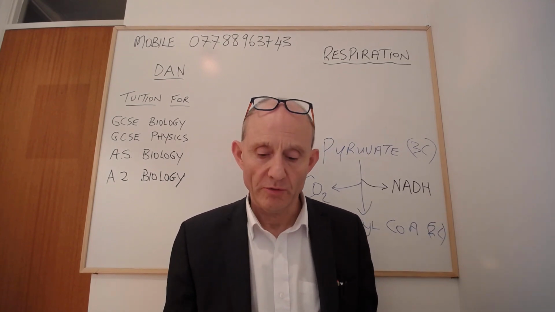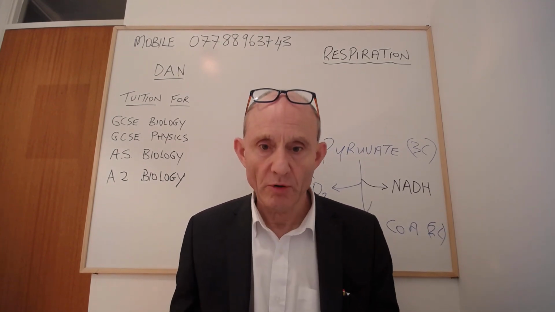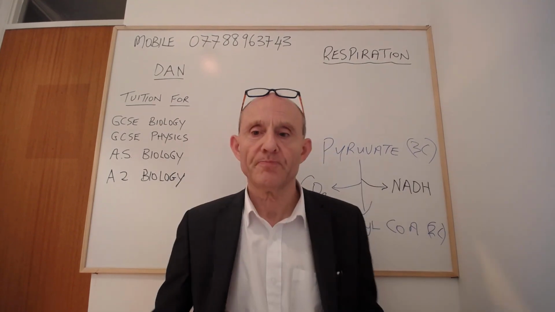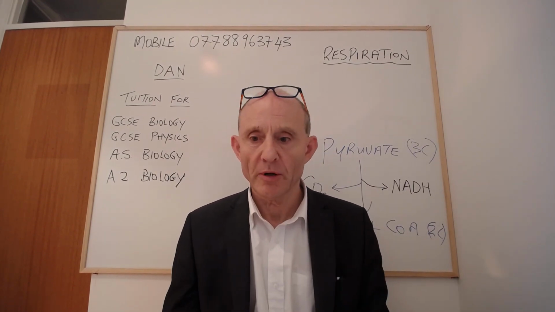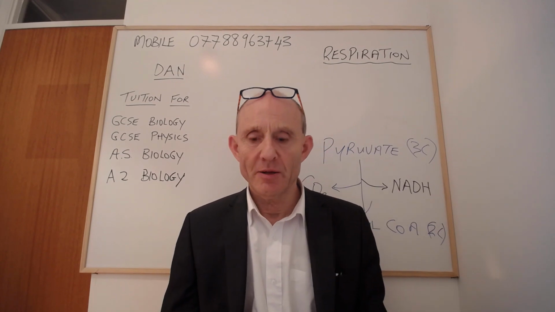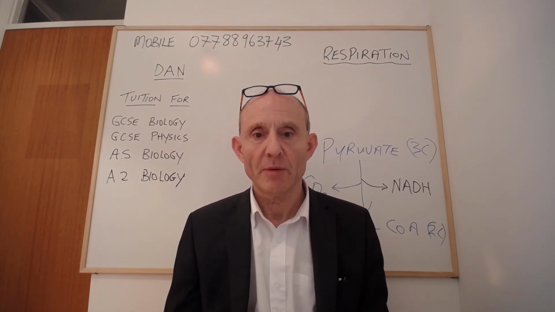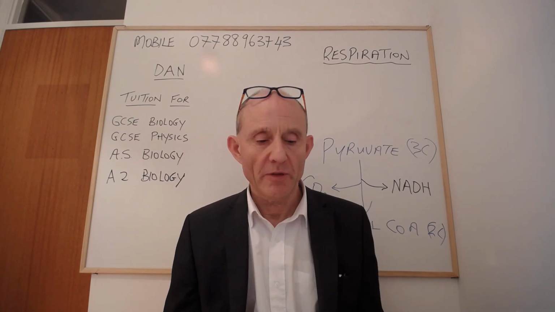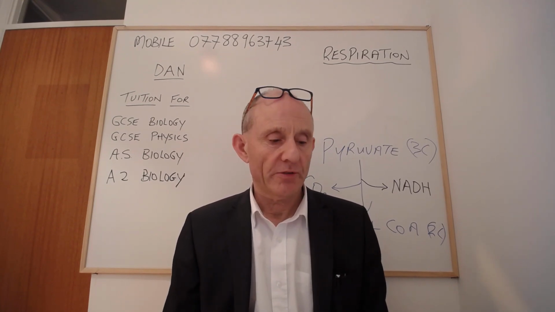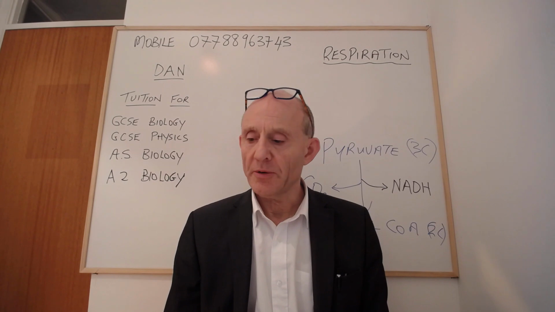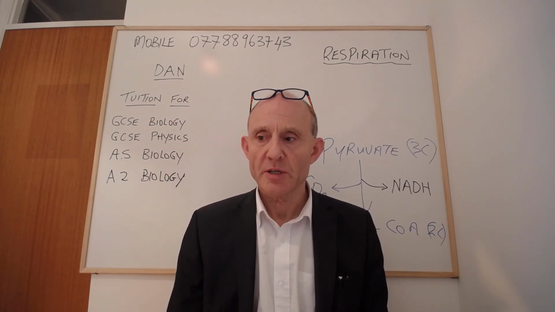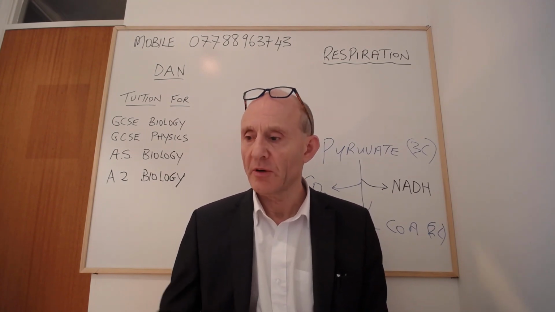So 2 CO2 released. On we go then, moving fairly fast. Just checking, I think we're running about 40 minutes so far. Moving on to the next step, which is the Krebs cycle. The Krebs cycle is pretty straightforward. Essentially, the acetyl-CoA feeds into the Krebs cycle.